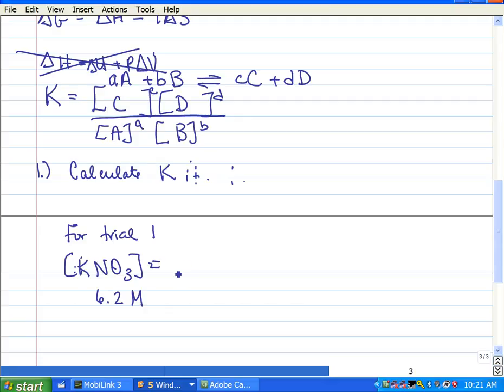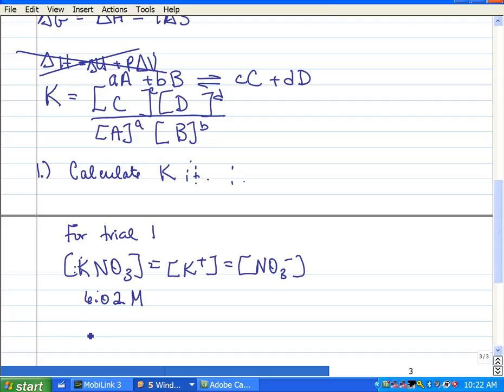All right. So therefore, when we set up the equilibrium expression, we have potassium ion times the nitrate ion, and there is no denominator, right? Because that's a solid. Potassium nitrate, solid.